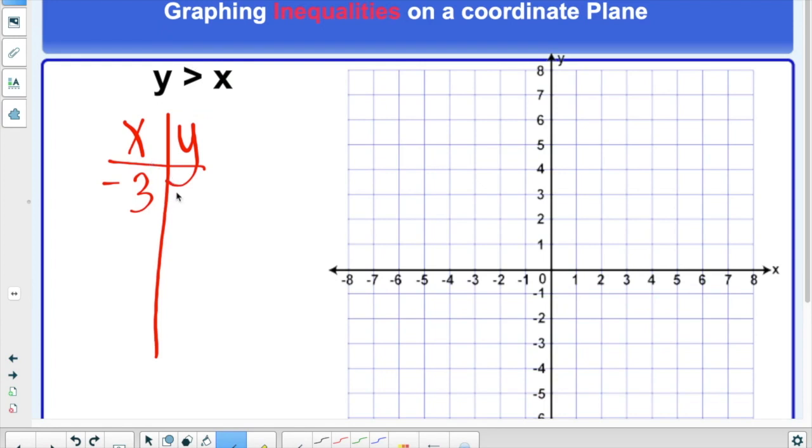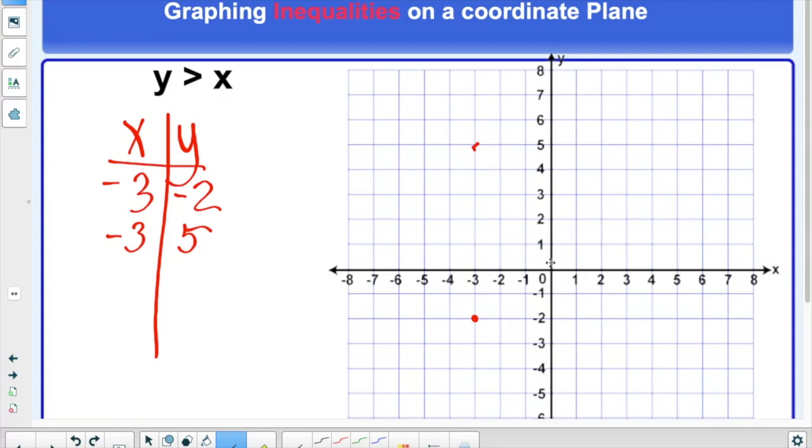So (-3, -2) would be a good point to use. Another good point would be (-3, 5), right? Literally anything where the y value is greater than the x value. And I could keep going and fill up this whole table.